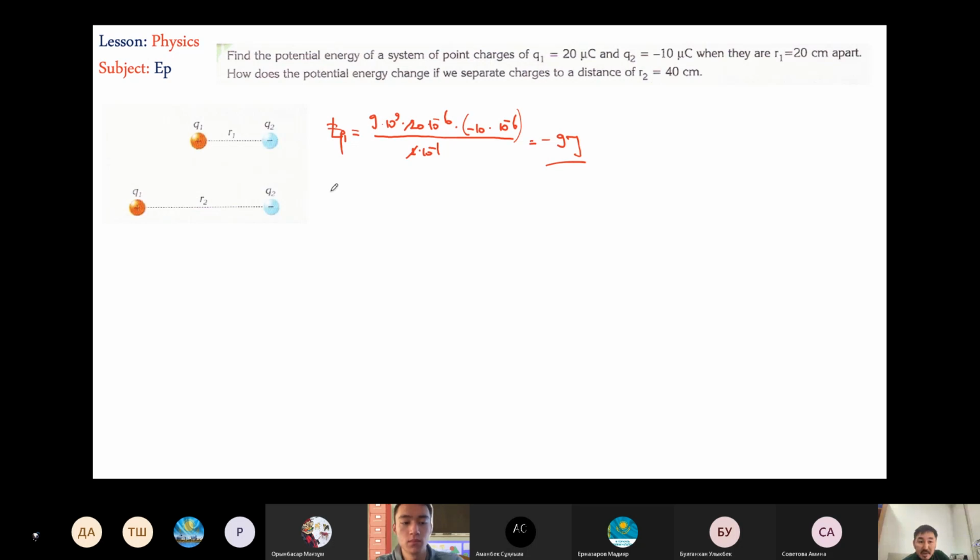Of course, it has the same logic: 9 times 10 to the power of 9 times 20 times 10 to the power of minus 6, because the charges do not change, times 10 to the power of minus 6, over 40, which I'll convert to meters, 4 times 10 to the power of minus 1. I will simplify again, and we will have 2. And as you calculated, I'll have minus 4.5 joules.